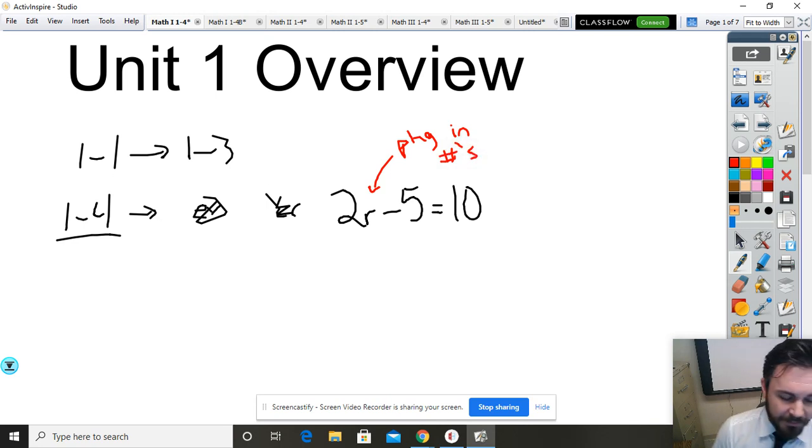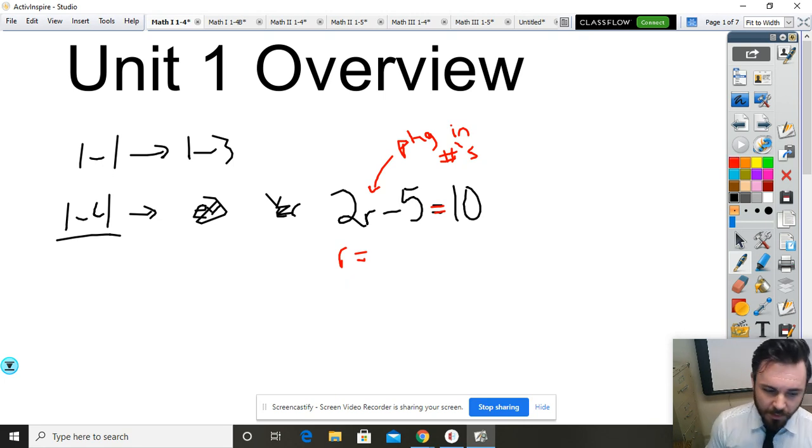Let me plug in 1. Let's see if that actually equals 10. Nope. Let me plug in 2. Let me plug in 3. You get it. We can plug in numbers until we find out what r is equal to, so that the whole thing equals 10. But there's a process that we can use called solving equations that makes this job so much easier.